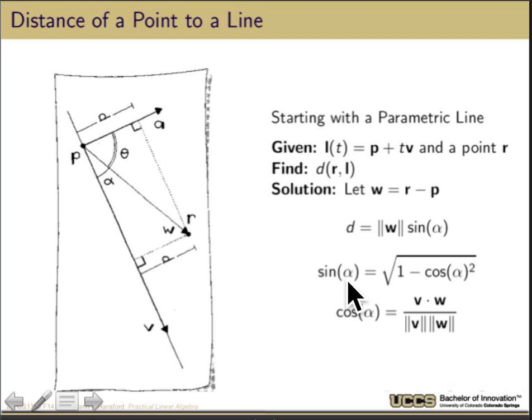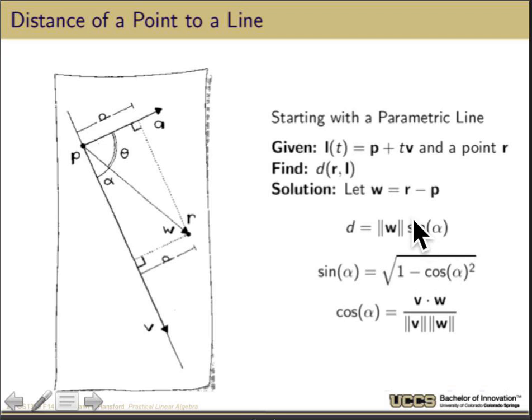We also know from trigonometric identities that sine alpha is equal to the square root of 1 minus cosine squared of alpha. And we know from the dot product how to get cosine. Cosine of alpha is equal to v dot w divided by the norm of v and the norm of w. So this gives us now a formula for cosine.